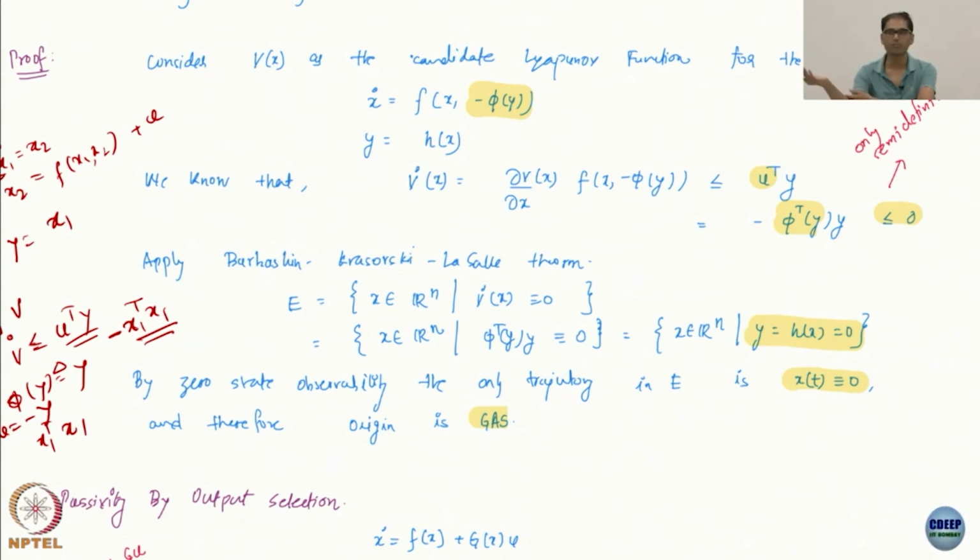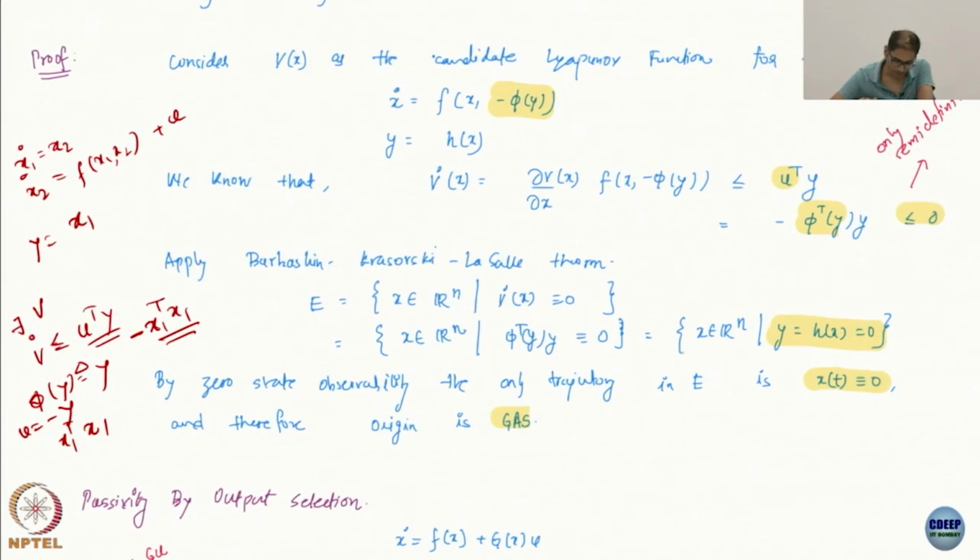This is what we need in Barbashin-Krasovskii-LaSalle, that the largest invariant set inside E has to be nothing but the 0 trajectory. So, we have just completed the arguments, is that clear? Pretty straightforward proof actually, make sense? Okay.